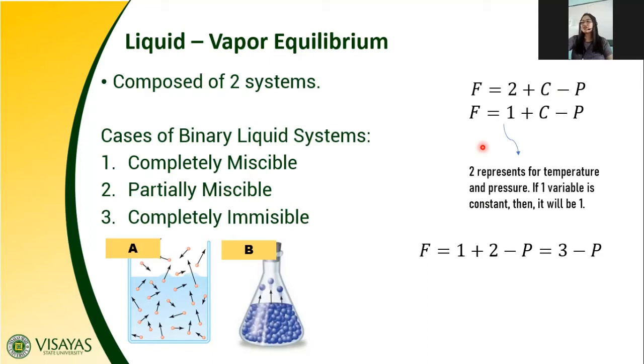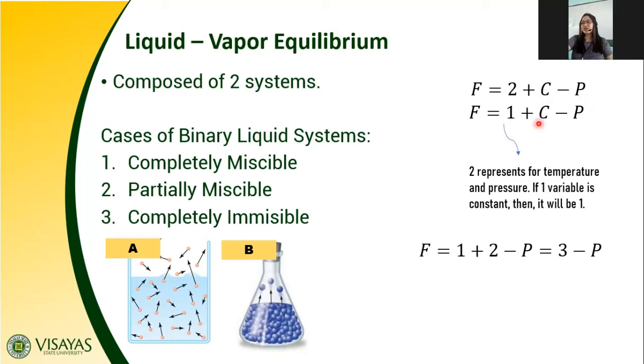Either we fix our temperature, or we make our pressure constant. Since one variable is constant, it becomes 1 plus C minus P.